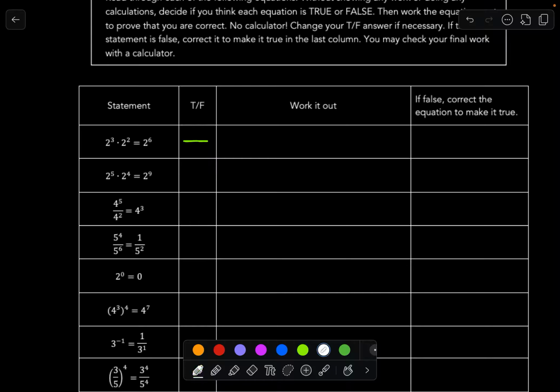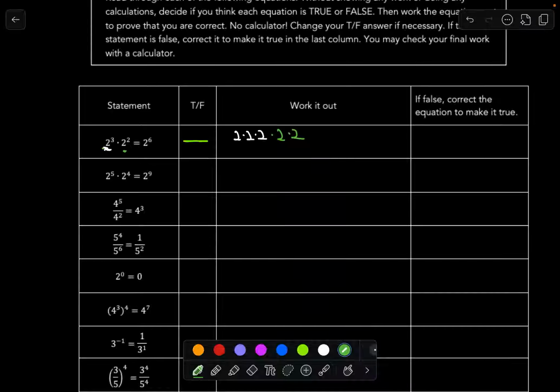Well, we just saw that 2 to the third is 2 times 2 times 2, and that 2 to the second is 2 times 2.